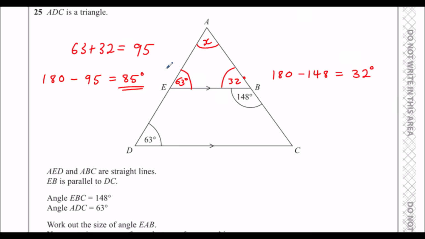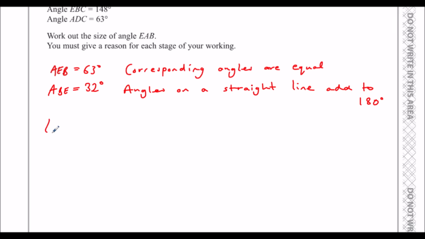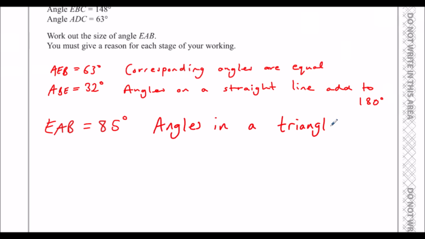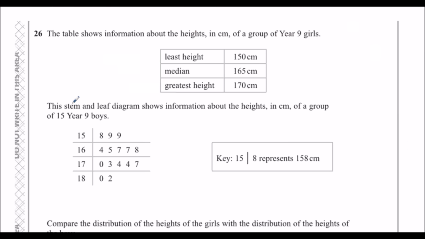So EAB is 85 degrees. Angles in a triangle add to 180.